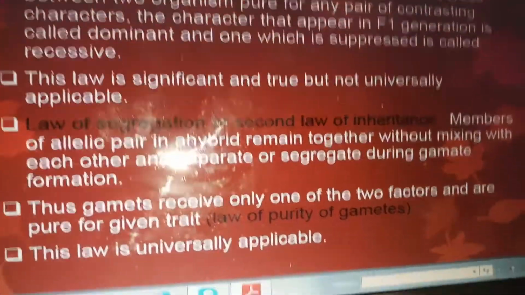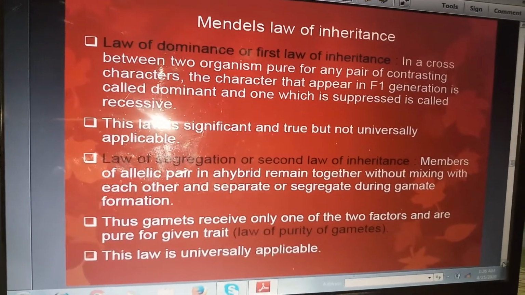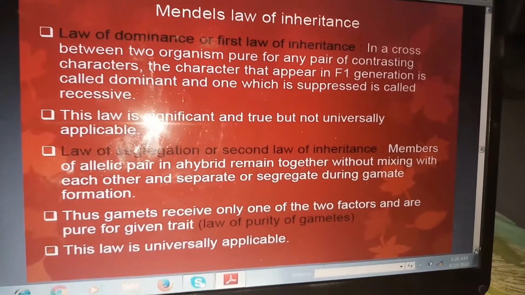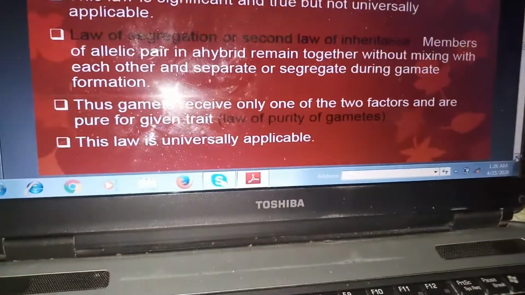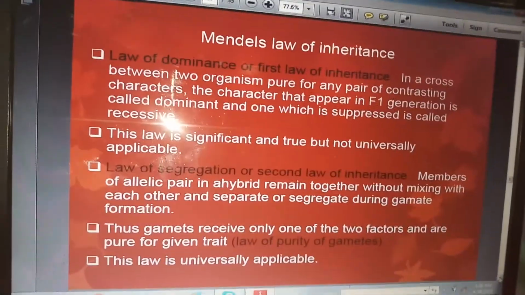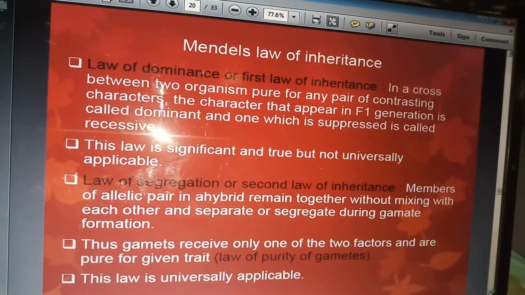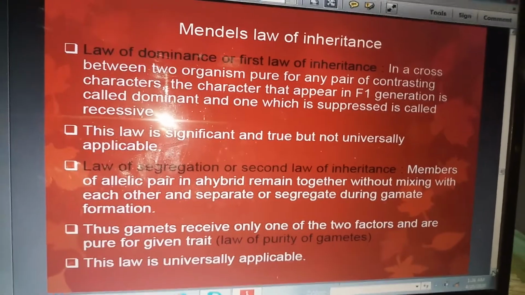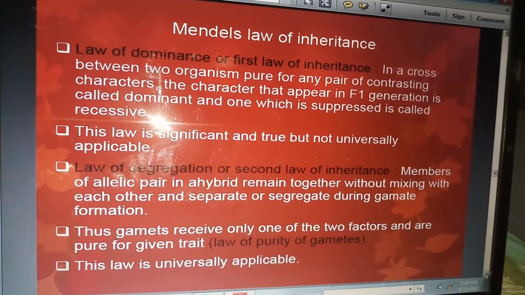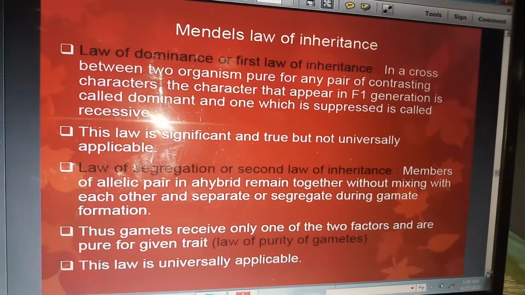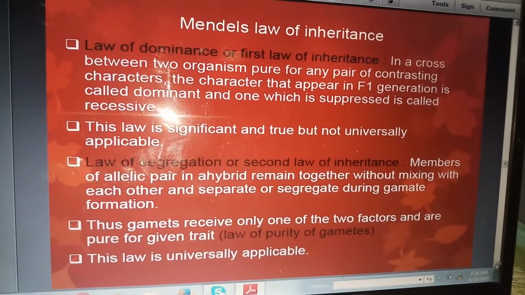Now the second law of Mendel was the law of segregation, or second law of inheritance. Members of an allelic pair in a hybrid remain together without mixing with each other and separate or segregate during gamete formation.